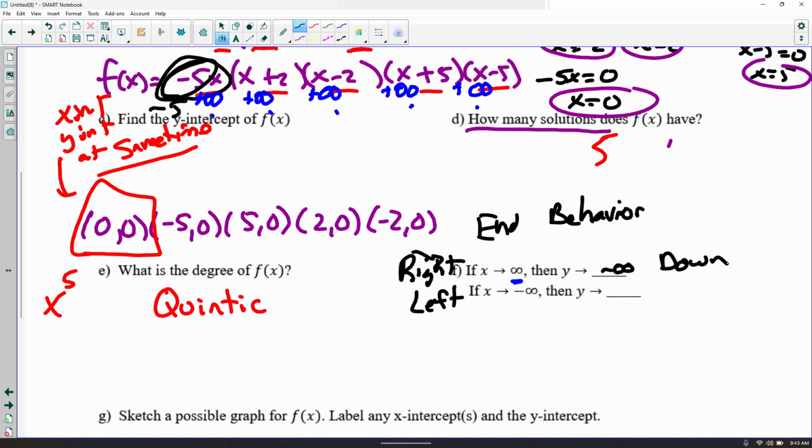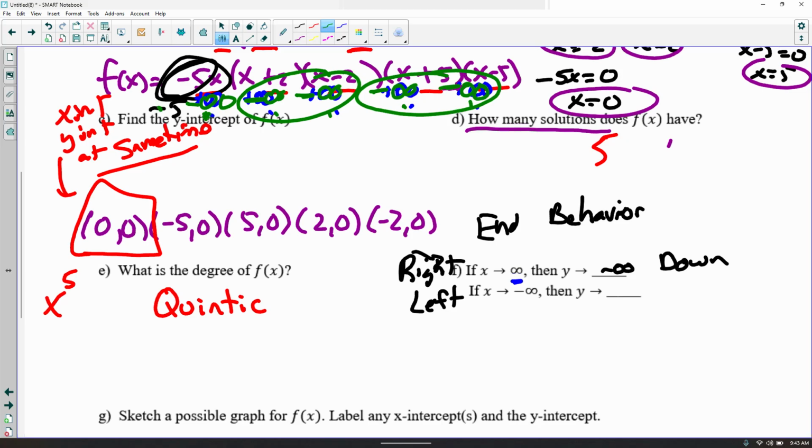So the next question would be, what happens as we make these negative infinities right here? That's a negative. We're doing green. That's a negative infinity, and this is a negative infinity, and this is a negative infinity, and this is a negative infinity, and this is a negative infinity. There are 5 negatives. 1, 2, 3, 4, 5. 2 of them make it what? Positive. 2 make it positive. So I end up with a negative infinity.